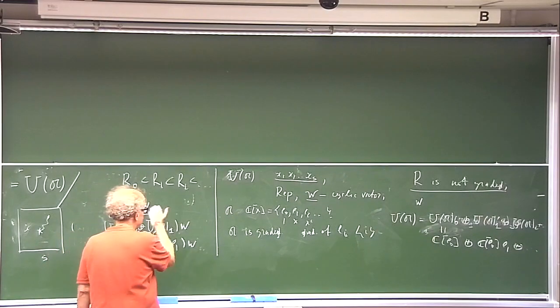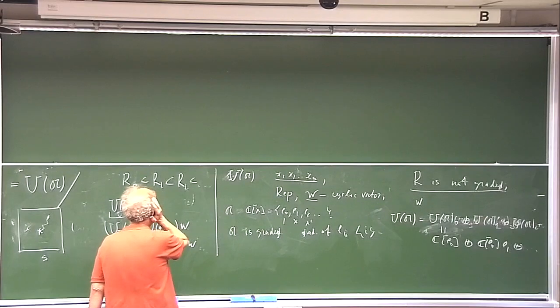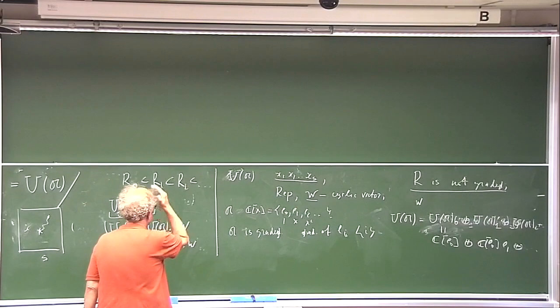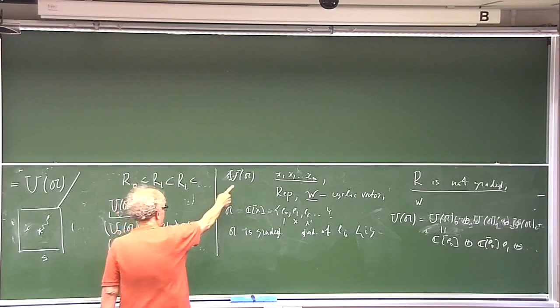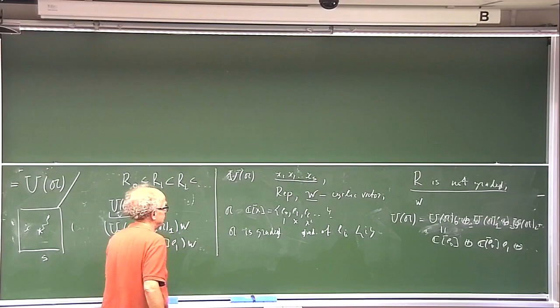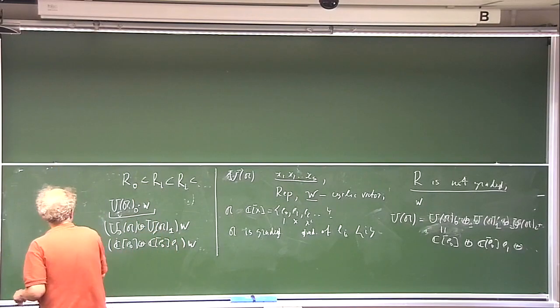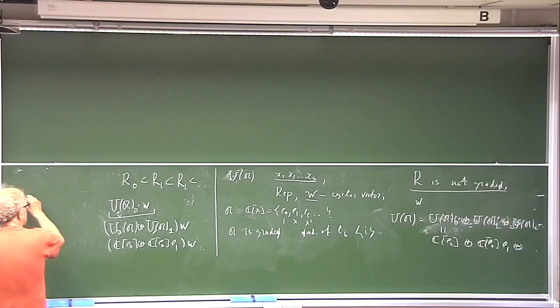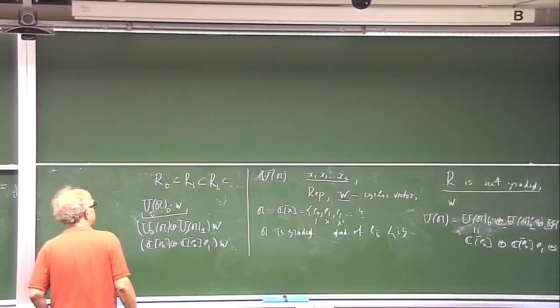For construction of this, I used only the fact that my representation is cyclic and the algebra has grading, nothing more than that. And next, I can consider the corresponding adjoint space to this filtration.